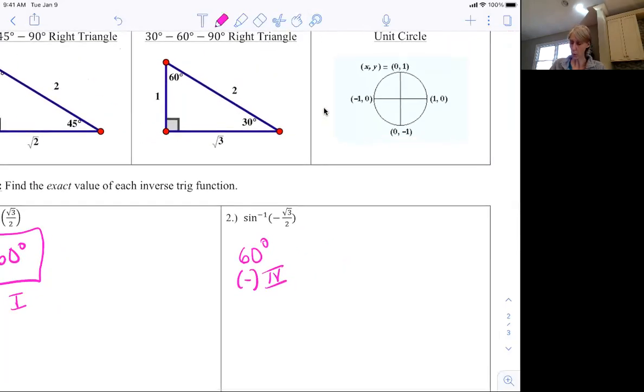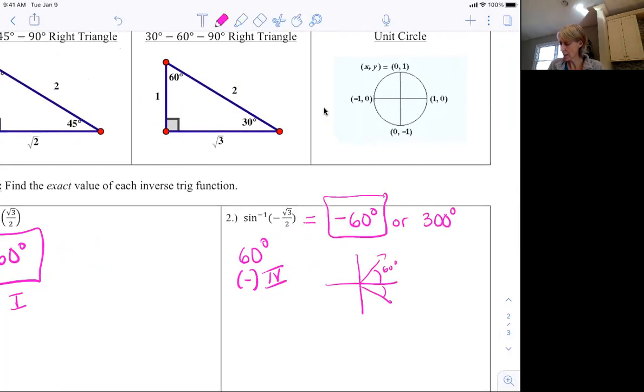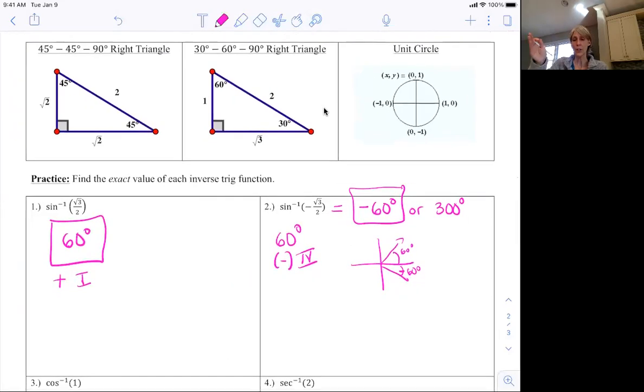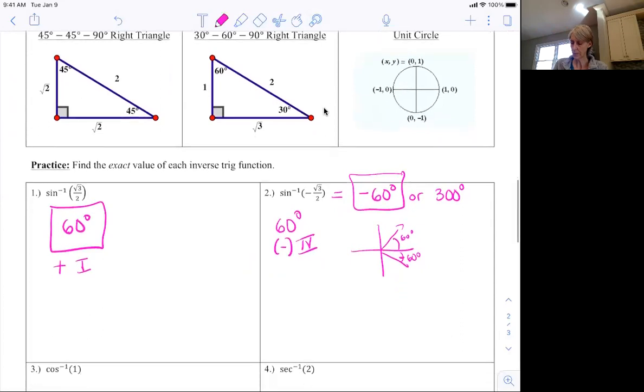And what is the fourth quadrant value? Well, you can just represent it like that, or you can adjust it and represent it as a positive angle, but I'm perfectly okay with this. Instead of 60 degrees this way, we're going 60 degrees that way. That's all that means. And that's it. Function value, sine.